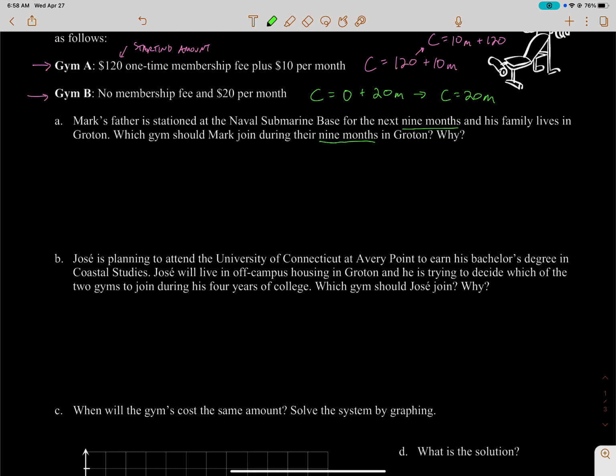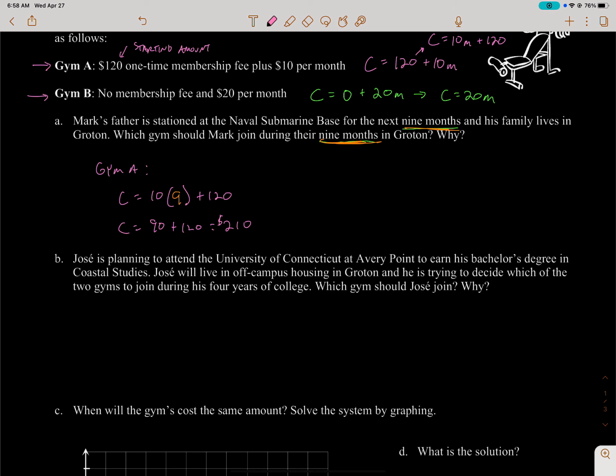So for gym A, I'll do that in pink. We've got the cost is 10 times the 9 months. So I just want to show that that's the months that I'm plugging in there, right? Plus 120. So that cost is going to be 90, 10 times 9 plus 120, which is going to be 210.